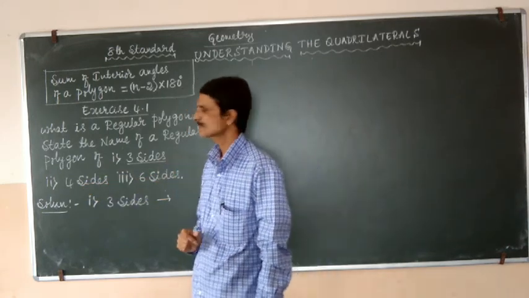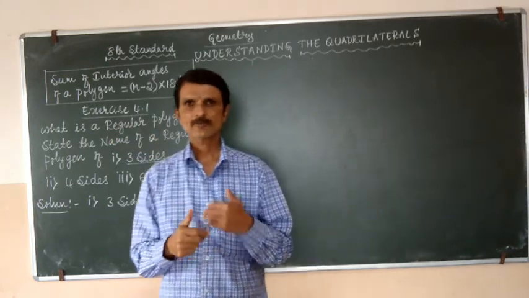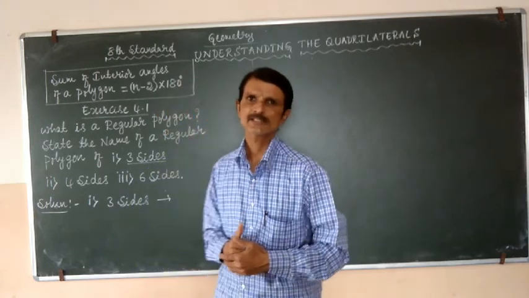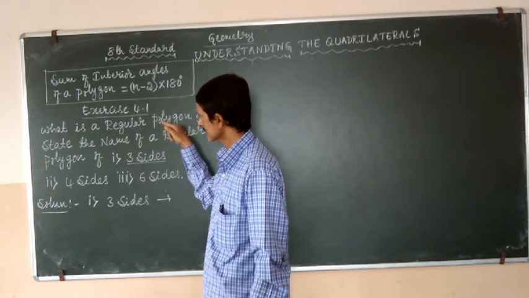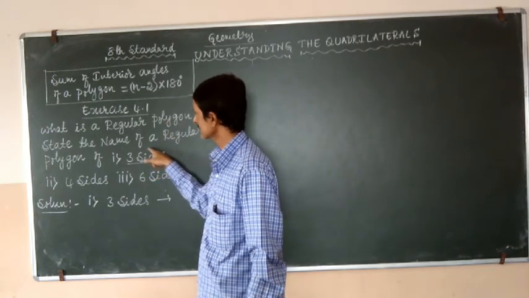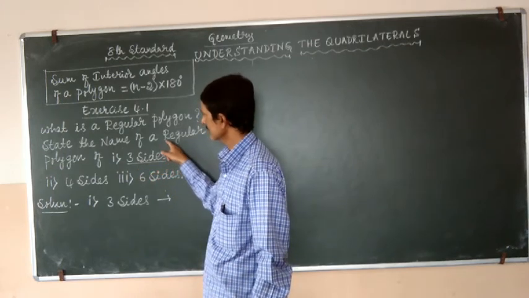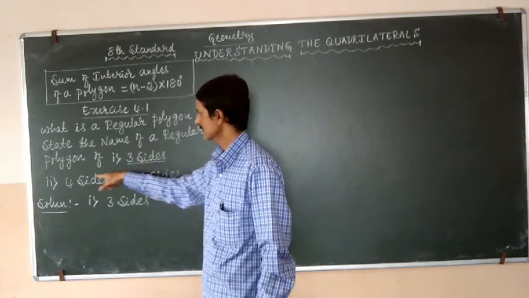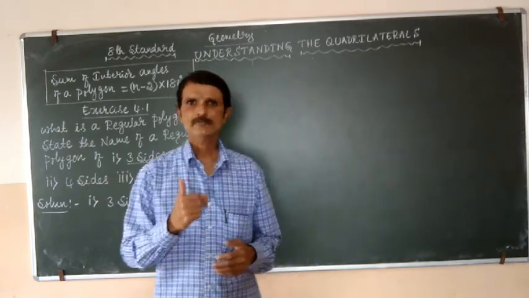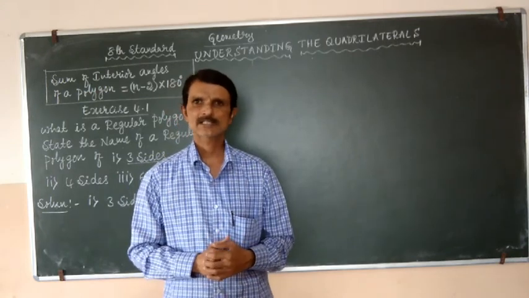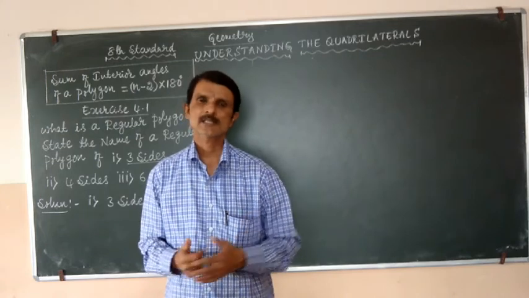So in this problem, first we have to say the definition of the regular polygon, and after that we have to name the regular polygons which contain 3 sides, 4 sides and 6 sides. Students, you already know the definition of the regular polygon from the previous class.